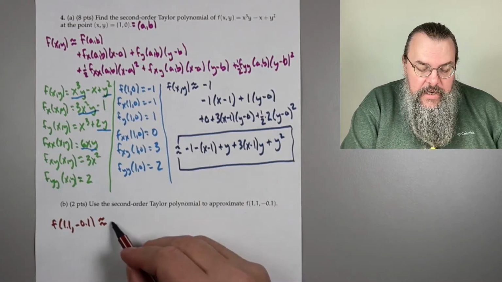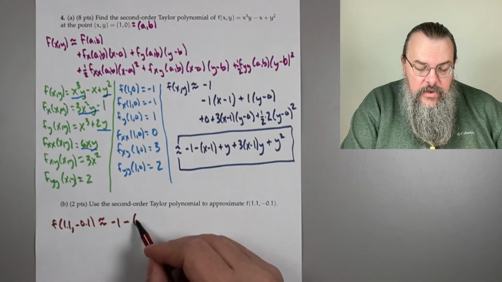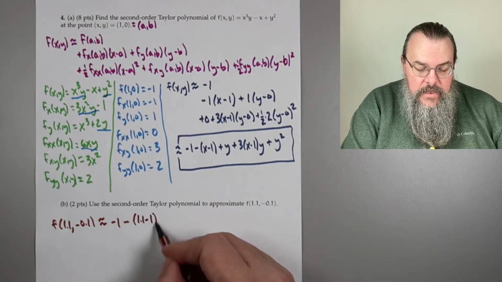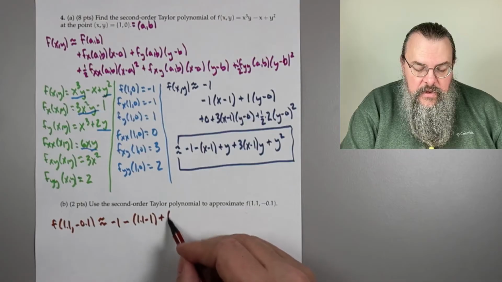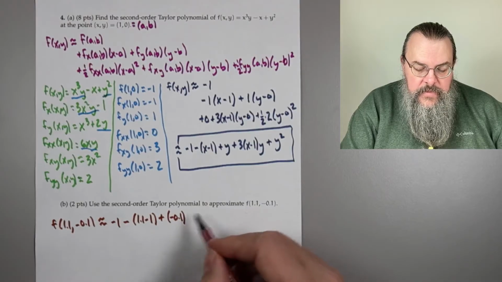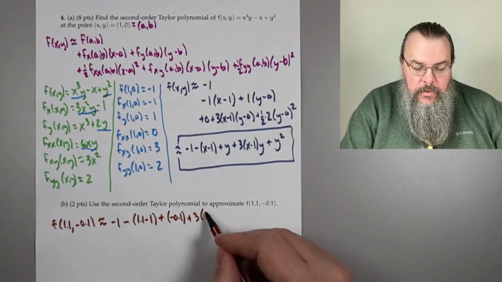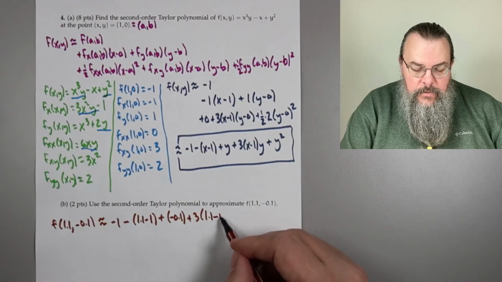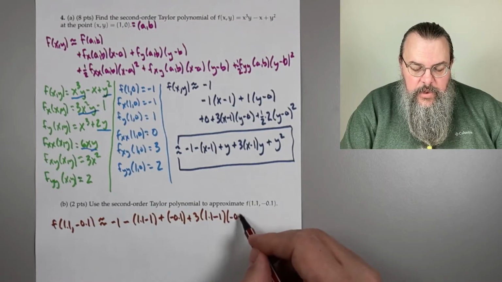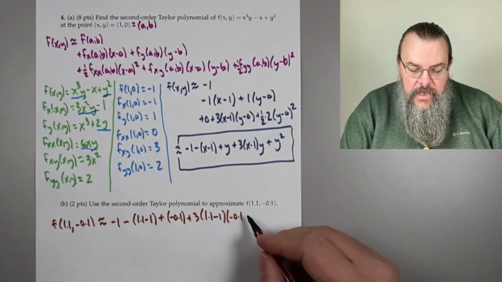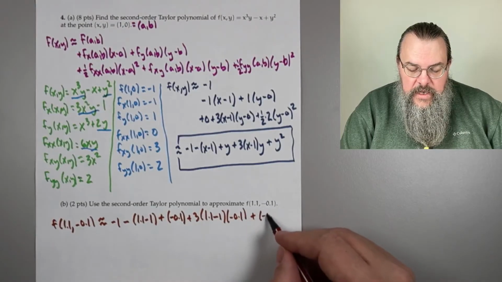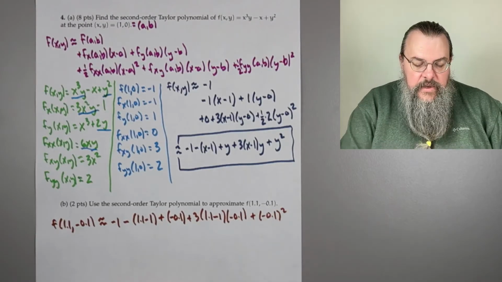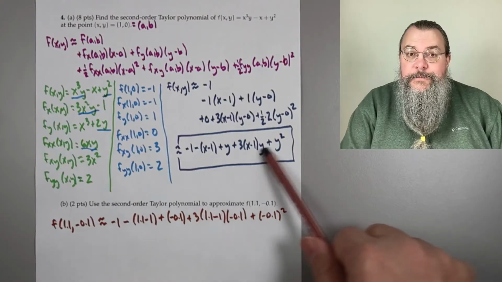So it's minus 1, subtract 1.1 minus 1, plus negative 0.1, plus 3 times 1.1 minus 1 times negative 0.1, plus negative 0.1 squared. We're plugging in for our x's and y's.